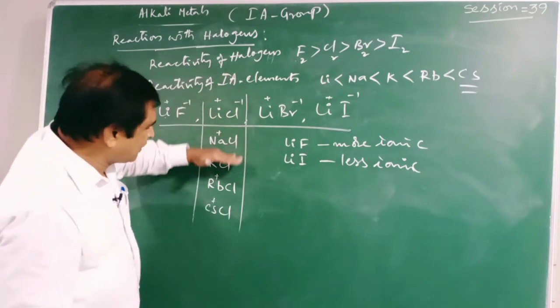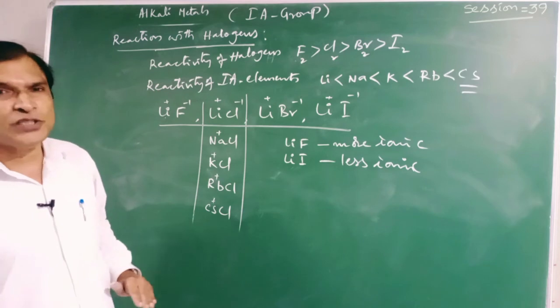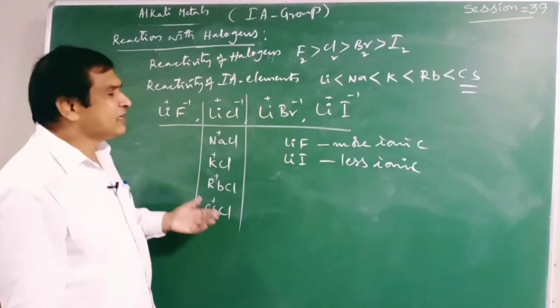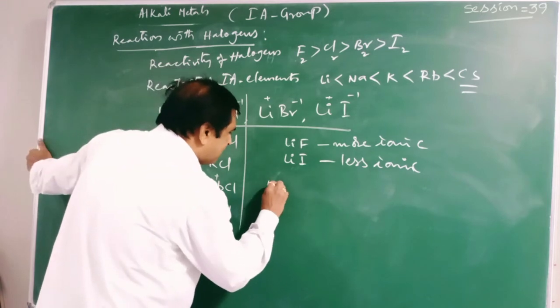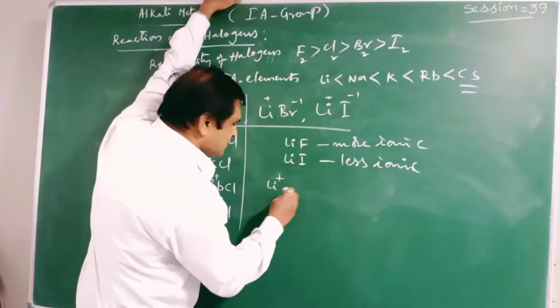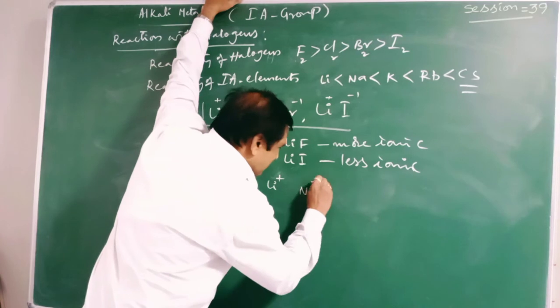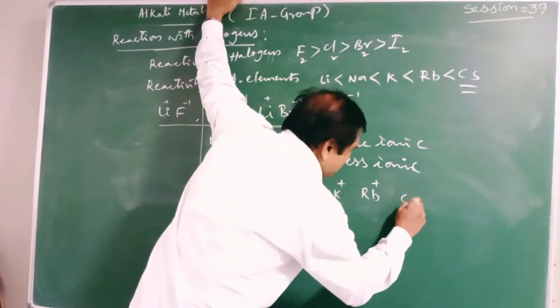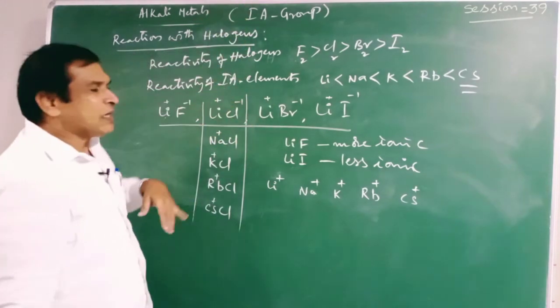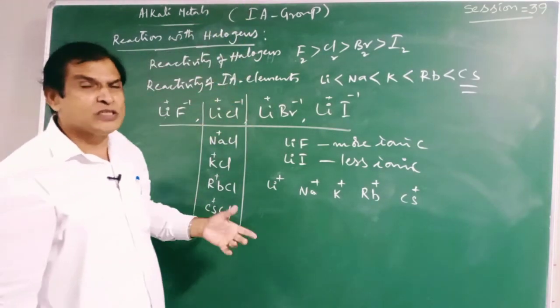From top to bottom, the ionic nature of the halide increases. Among Li+, Na+, K+, Rb+ and Cs+, once again, larger the size of the cation, the more ionic.